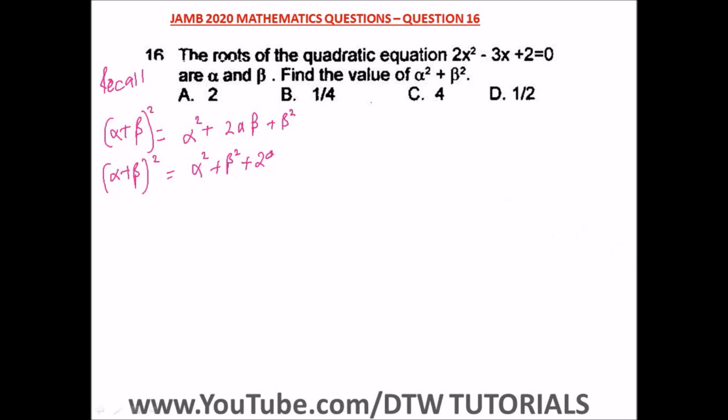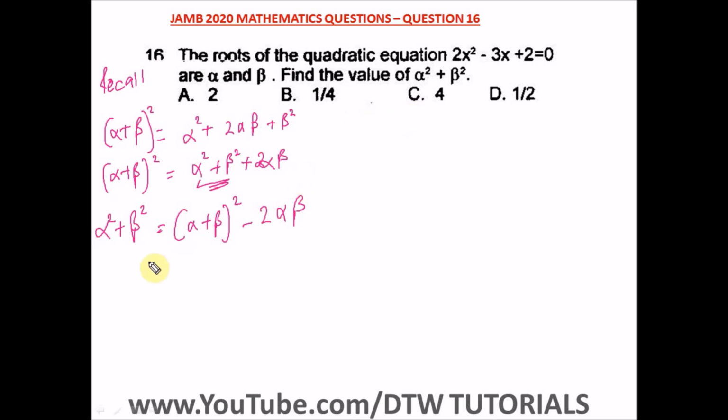Sorry, it's not A, it's alpha. Please take note. So if we make this substitute of formula, we have alpha square plus beta square is equals to bracket alpha plus beta all in square minus 2 alpha beta.